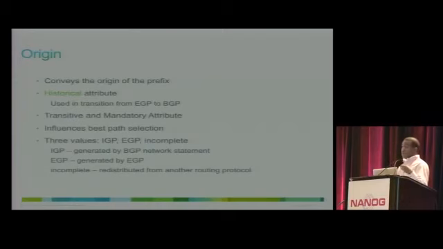Because if you inject using a network statement, you are explicitly injecting a specific prefix, and it is typically good for stability. But if you are injecting using redistribution, you are probably injecting a lot of routes, which may cause flapping and so on. So it's usually less preferred.